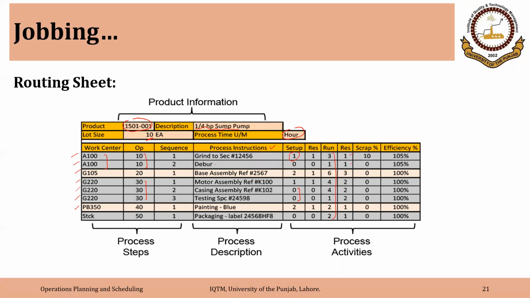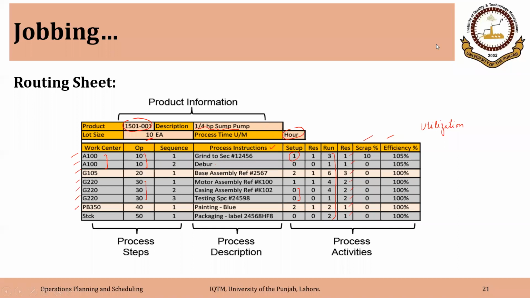You could also see the number of resources. So this could be the number of machines or number of workers at that workstation. And then there could be other information like scrap percentage, efficiency, and we could have utilization as well. So we will be defining this terminology in the next lecture.